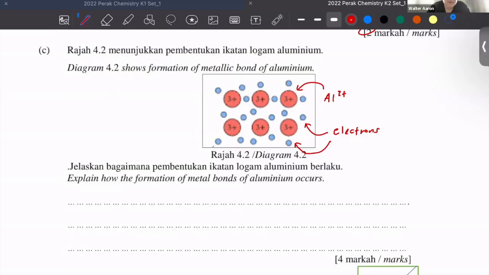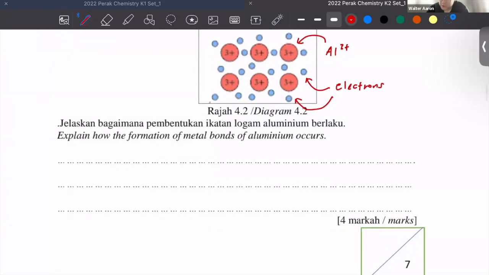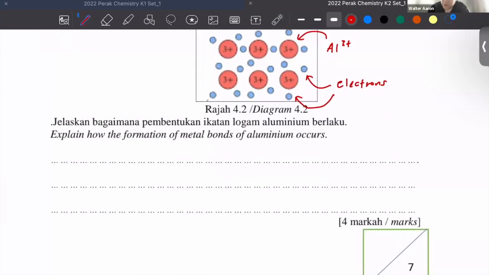I think it's very simple. You can say that the atom of aluminum releases 3 electrons each. So you put here aluminum atoms release 3 electrons each. All right, so that's the idea.